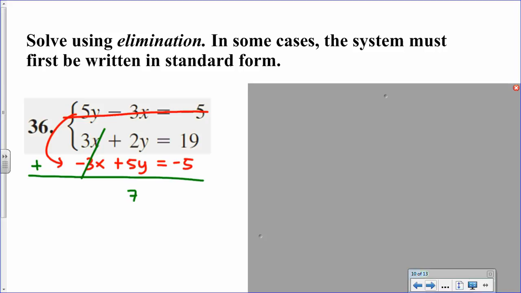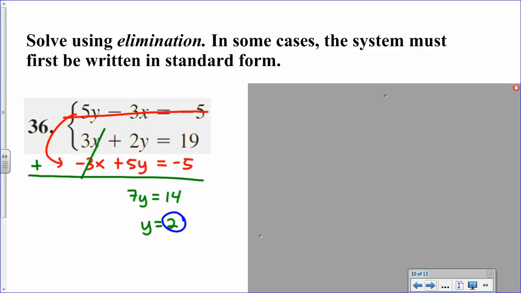So that's 7y equals 14. So solve this one the rest of the way. Y equals 2.